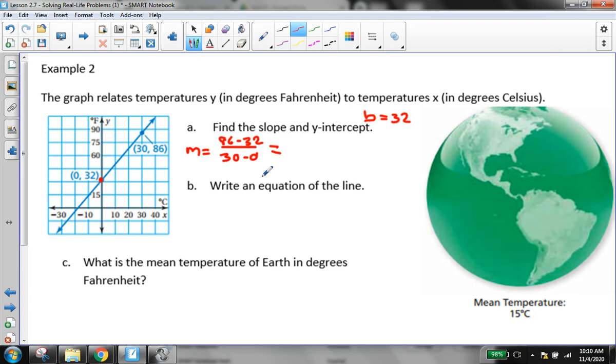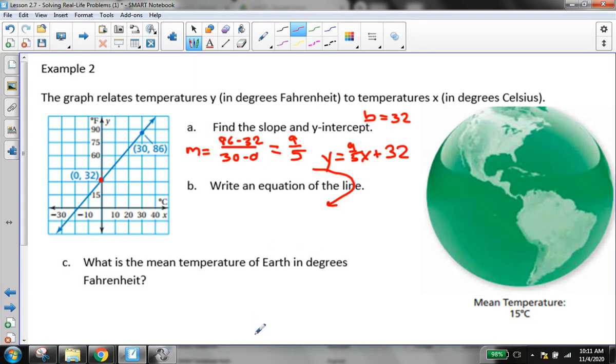You're going to get a slope of 9/5. So the equation you're looking for is y equals 9/5 x plus 32. And that's actually our answer for part B.